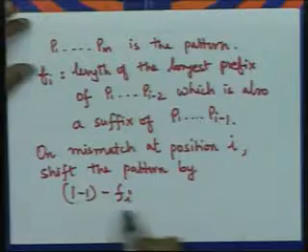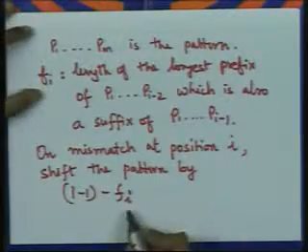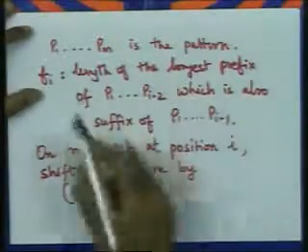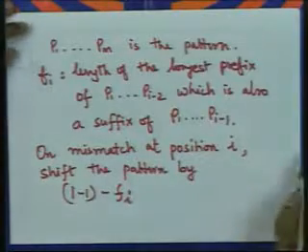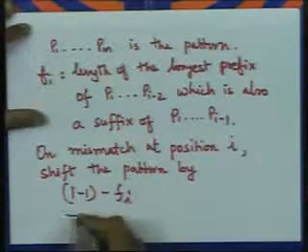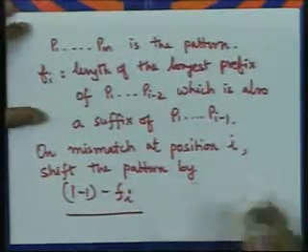I can shift it by this much. Given Fi, which is defined this way, on mismatch at position I, I can shift the pattern by I minus 1 minus Fi. So let's see this.